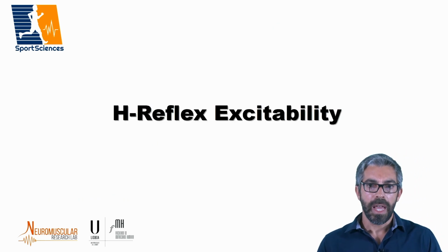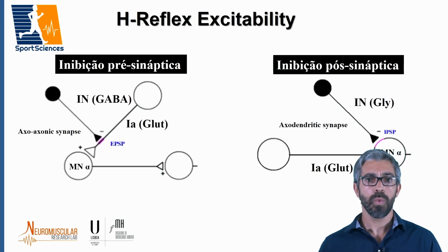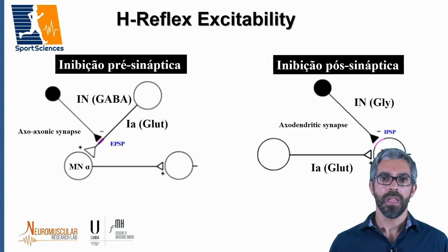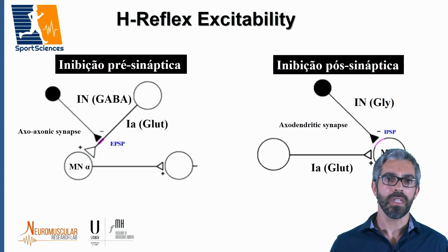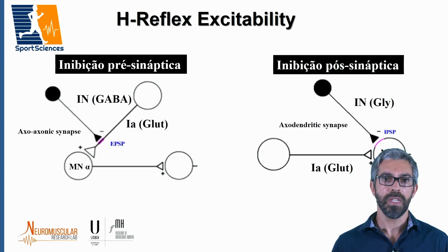We will begin by examining the excitability of the H reflex. As was said, although measuring the excitability of the H reflex allows a considerable insight into adaptations at the spinal cord level, this measure should not be interpreted as a pure index of spinal excitability. In fact, the H reflex depends primarily on the combined effect of three mechanisms that affect its expression.